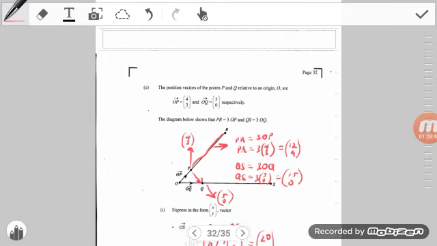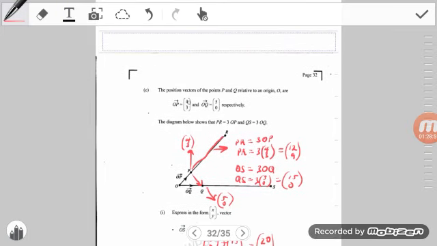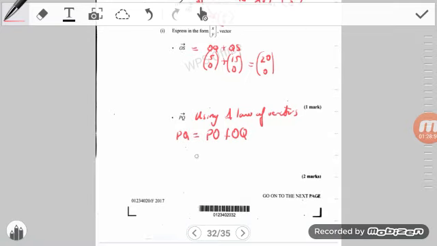So PO would have to be the negative of what 4, 3 is, which in this case is going to be simply -4, -3. Because inverse means opposite direction. So it's just the negative of whatever we already have. Plus OQ was something that was already given to us. OQ is 5, 0.